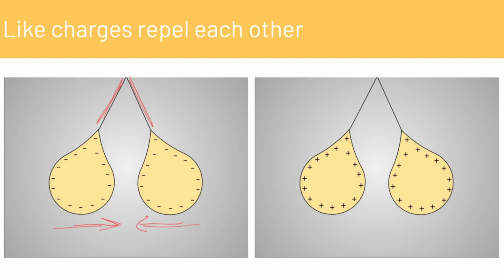So if gravity is pulling the 2 balloons down, you would imagine that they would swing together, but the like charges force them away from each other. And similarly, in this second picture here, we have the same setup, except these 2 balloons are positively charged. So they have a net positive charge on both the balloons. And as they swing down towards each other, the positive charge is going to force the balloons away from each other. So these like charges repel each other.